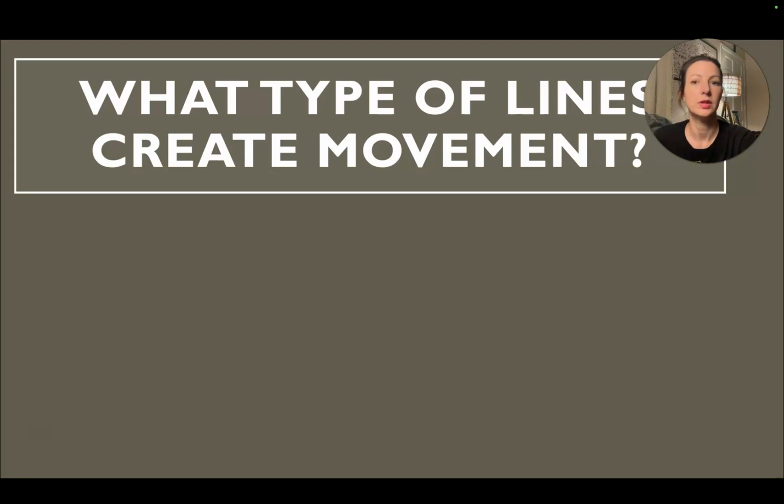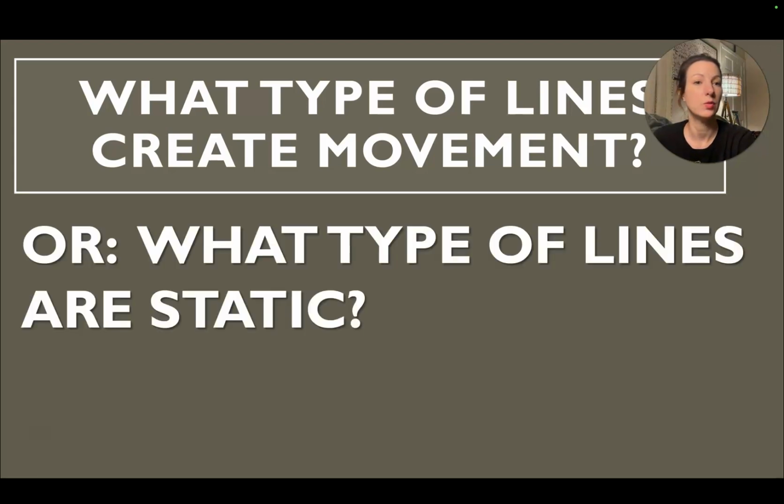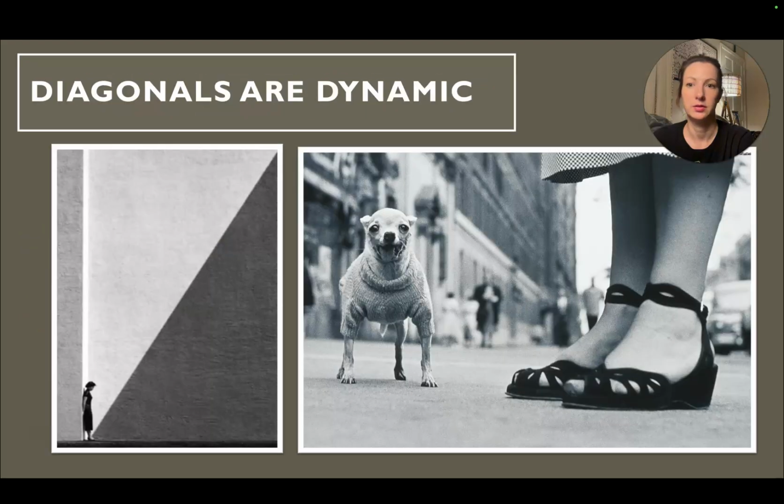So let's look at what type of lines create movement and what type of lines are static. So again, diagonal lines are always very dynamic. Even in this one on the right, the subject is not on a diagonal, but the background is creating that diagonal, which is creating this balance between the dog and the feet.